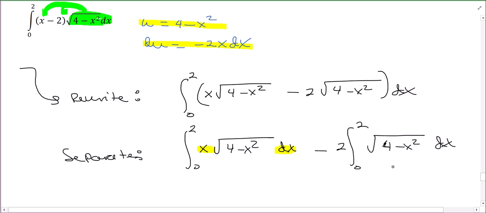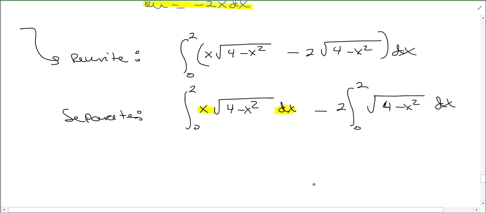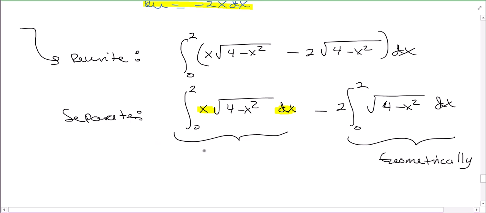And what do you notice about this one? We can do this one geometrically. Hopefully by now, you recognize this as a circle of radius 2. And this first one I can do by U-substitution. So U-sub and geometrically.